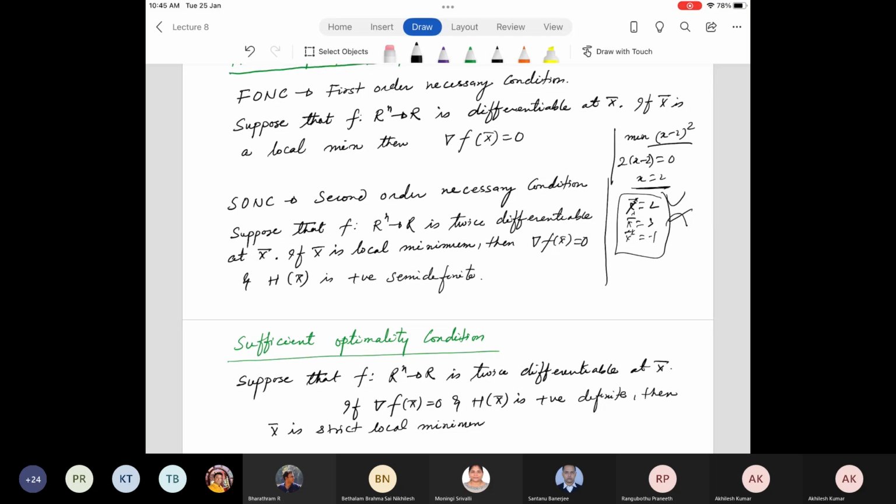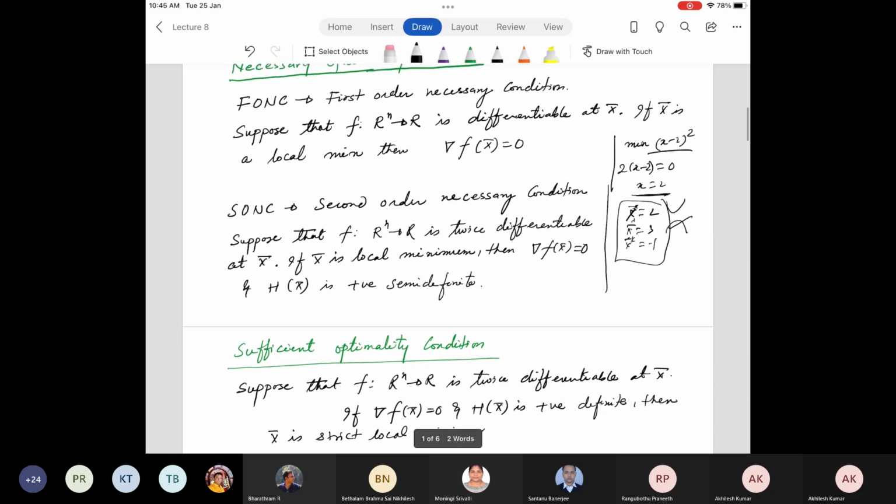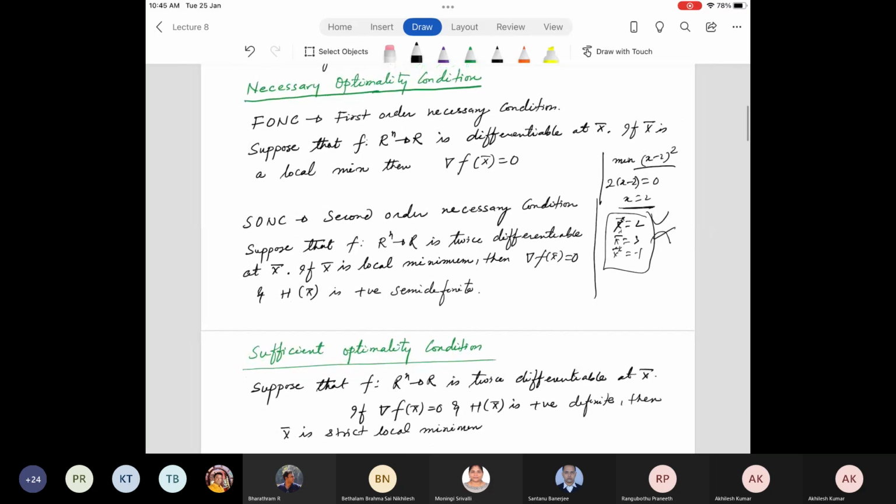So what is the difference you are finding between necessary and sufficient condition, language wise?